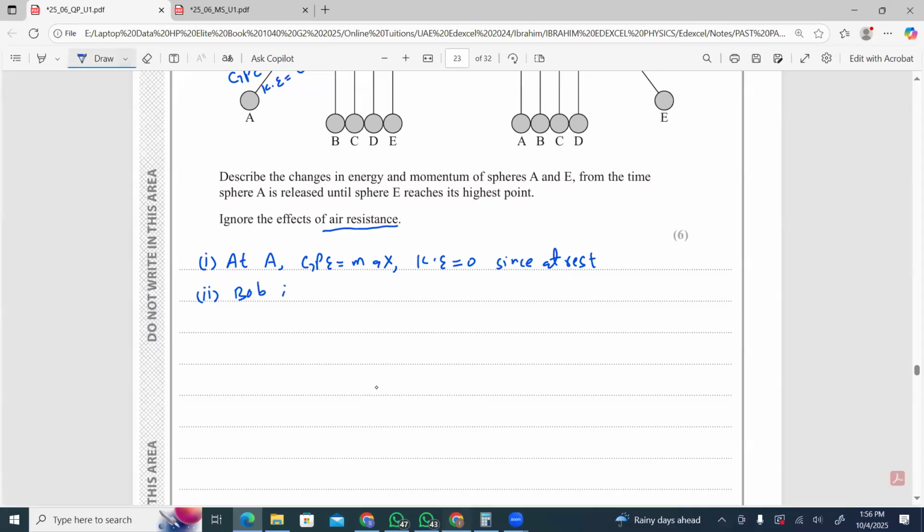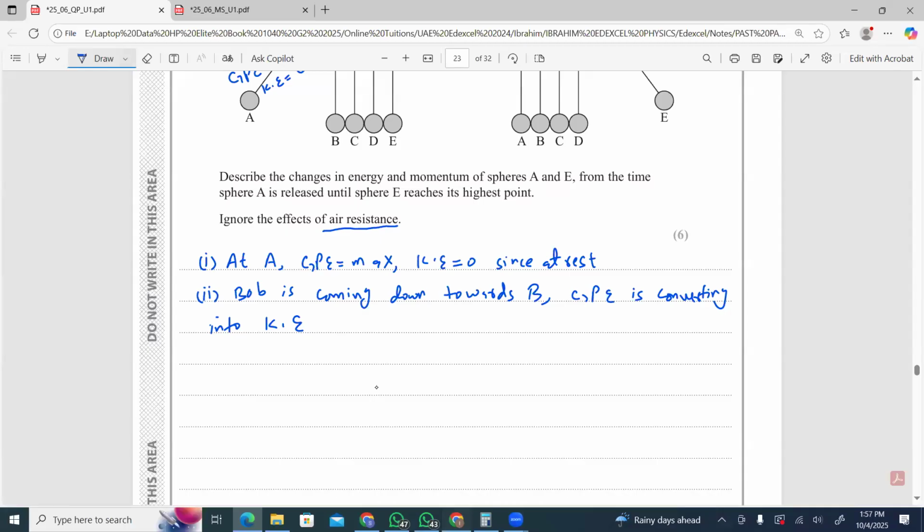Bob is coming down towards B, and what is happening? GPE is converting into KE. Okay, because now our body is moving and having some velocity which was 0 earlier.